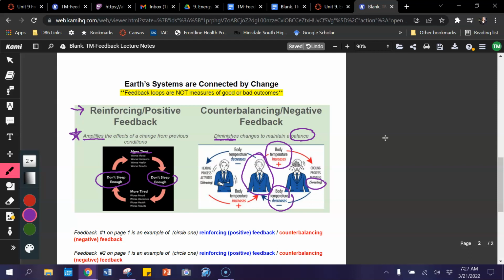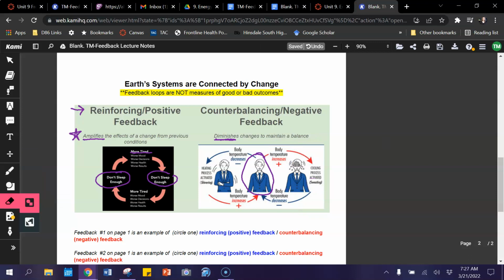So this is another example of counterbalancing or negative feedback where something happens and it is countered or reversed in order to maintain a happy balance, which is what we want to see with our student in the middle of the picture.